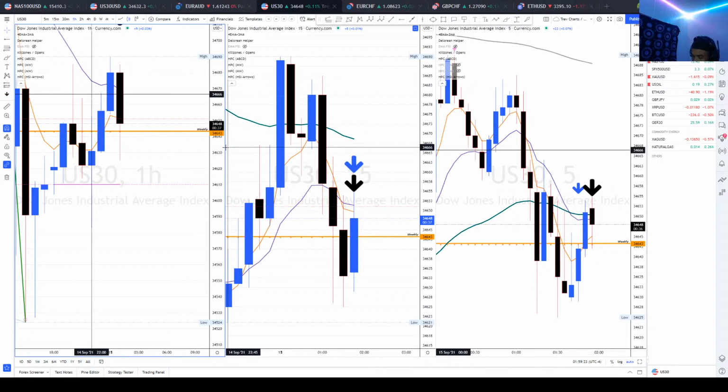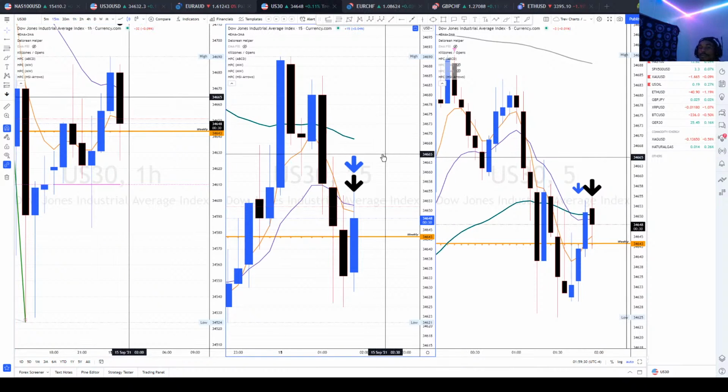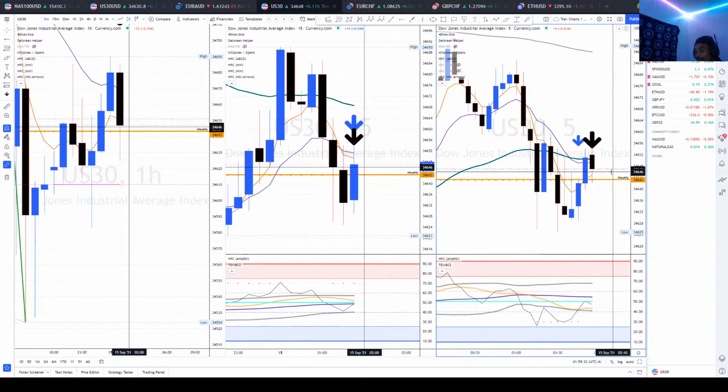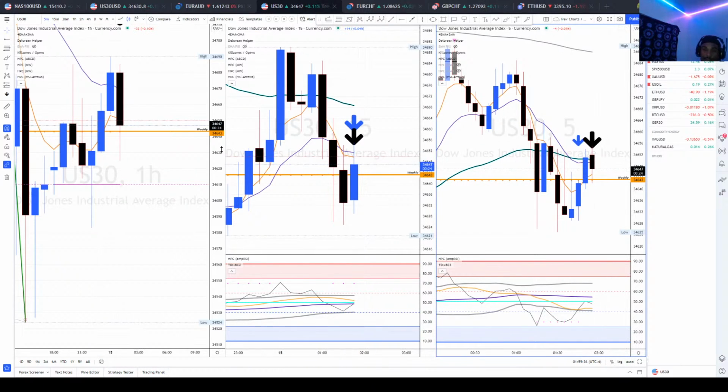Very interesting. This is where trading gets fun: the anticipation of what's gonna happen, what you think is gonna happen, versus what's actually happening, versus what actually happened.